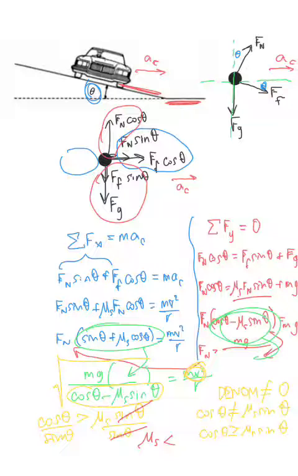Mu s is less than cosine of theta over sine of theta, and if you've gone far enough in trigonometry, you know that that's equal to the cotangent of theta. So that's an expression that must be true in order for this whole derivation we just did to actually have physical meaning to it.